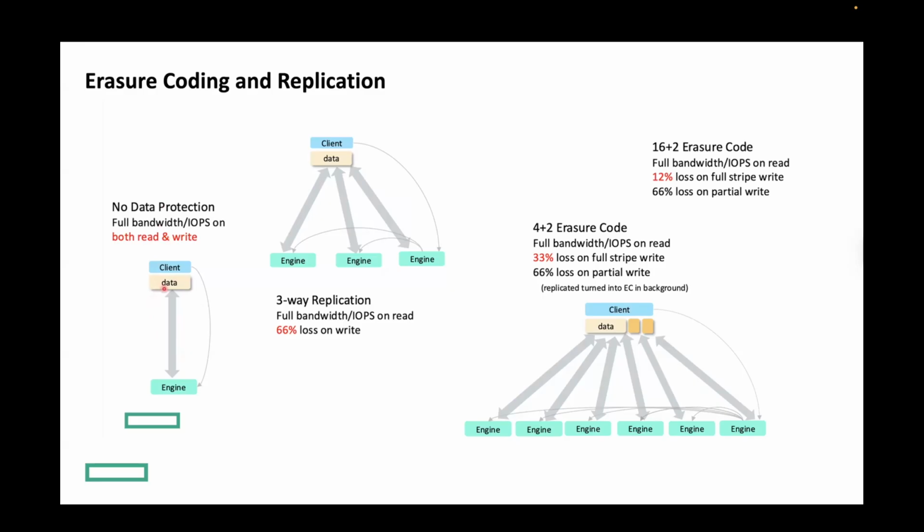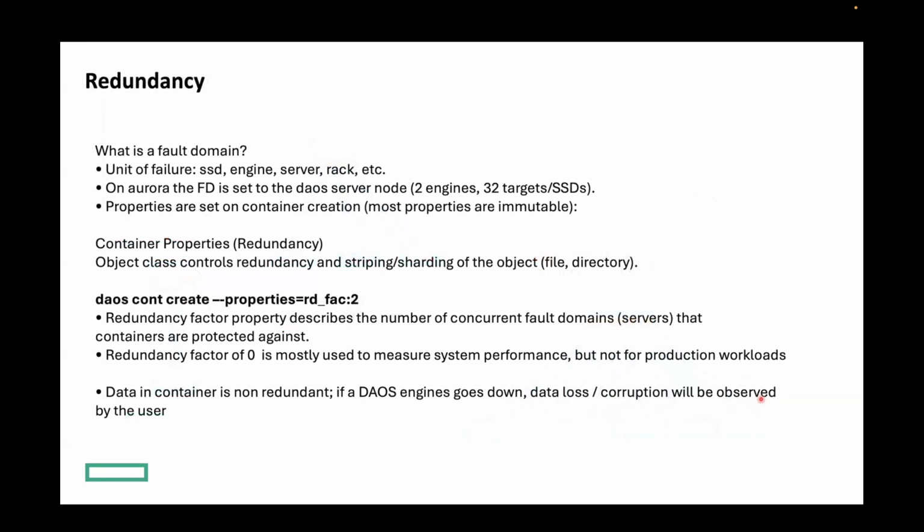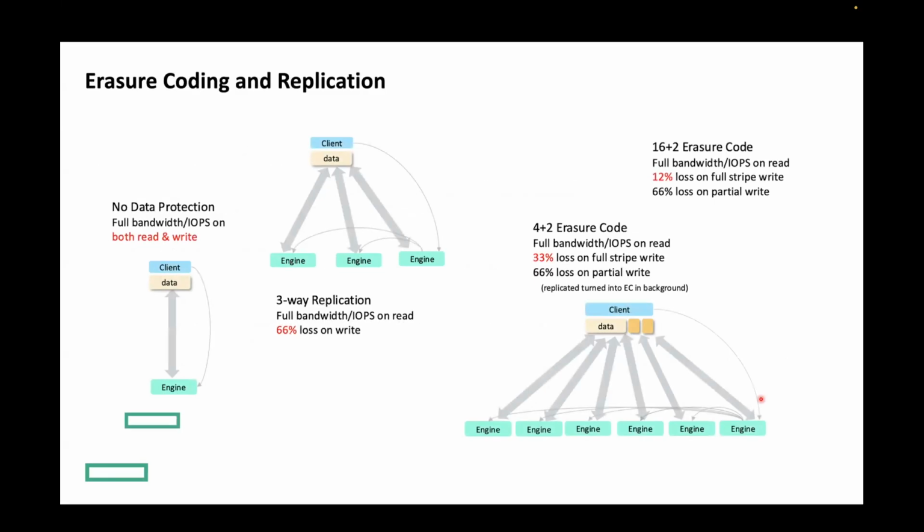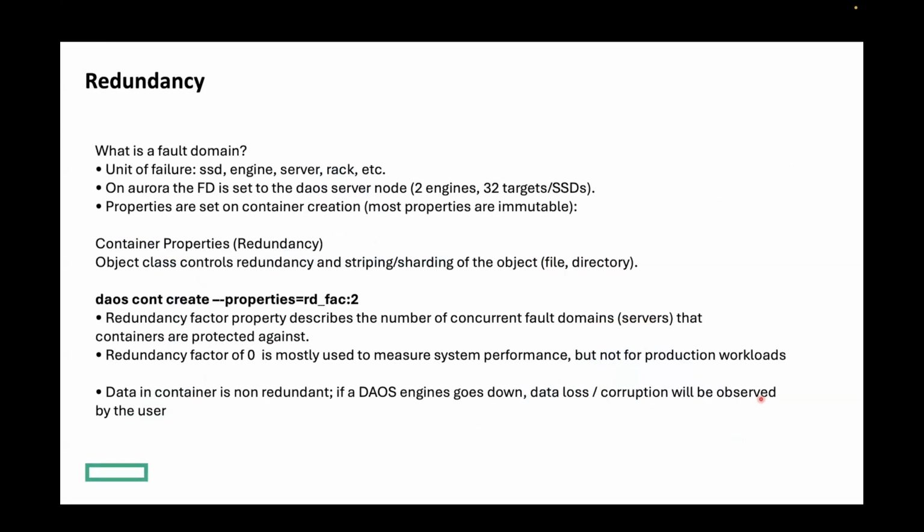So this provides high performance but low data protection. You can also use replication to have multiple copies, or use erasure coding. These are all different ways DAOS handles the data at the back end and how you can configure them. I'll also show how to change and set all these configurations.